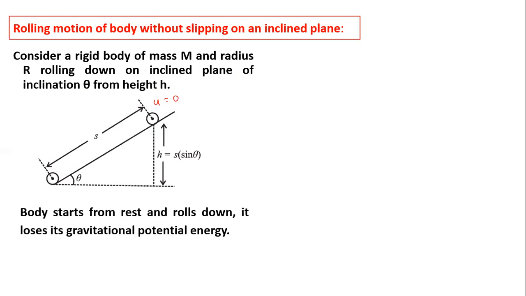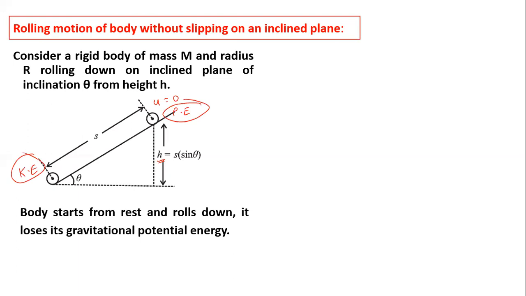It loses its gravitational potential energy. Now pay attention here, the body has potential energy because height is h. Okay? So when body starts coming down and comes to this lower point, height is 0, so potential energy is 0. But at this point, body has kinetic energy. So we can write this potential energy is converted into kinetic energy.